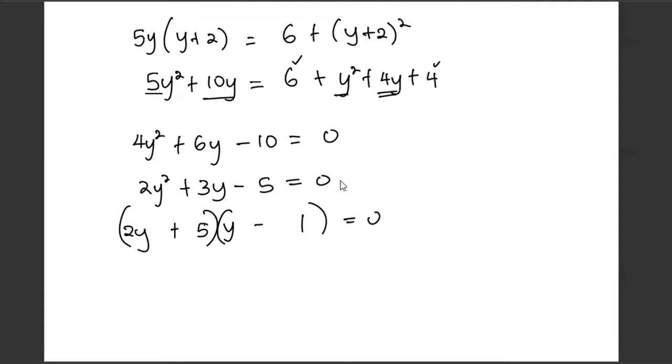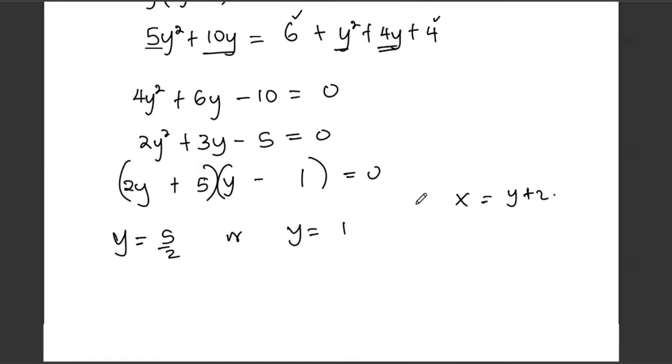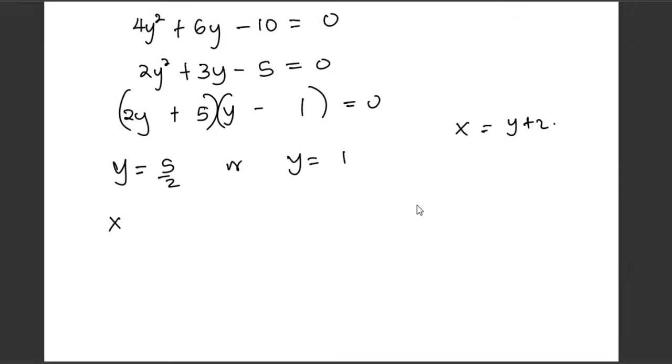Then from this bracket, we know that y is going to be 5 over 2. From this bracket, y is going to be 1. But we said x is basically y plus 2. Meaning that for us to get the x coordinate that corresponds to the 5 over 2, it's going to be, why am I getting a positive? It should be a negative now.